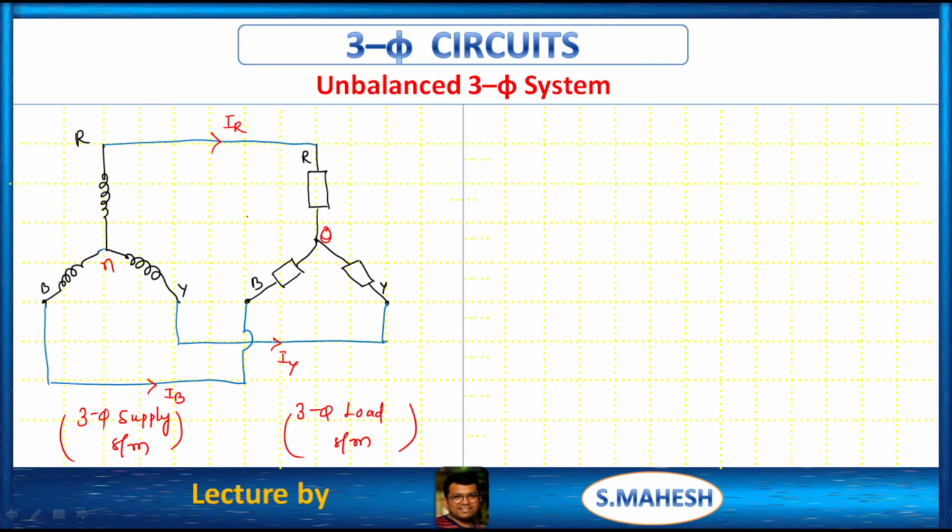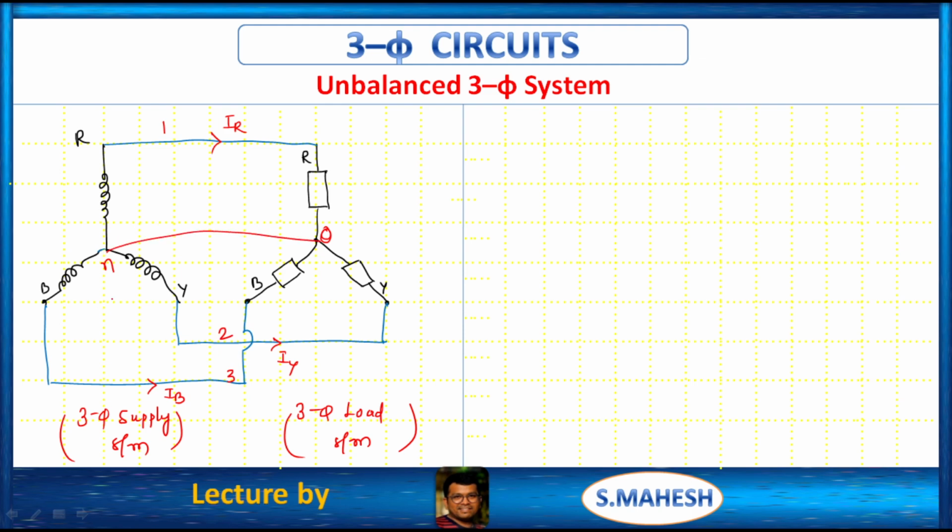So due to unequal currents in the system, obviously there is a neutral current, because IR plus IY plus IB is equal to IN. Therefore because of that neutral current, obviously there is a voltage between this supply neutral point and the load star point. Then this is the first wire, this is the second wire, this is the third wire, now we have the fourth wire.